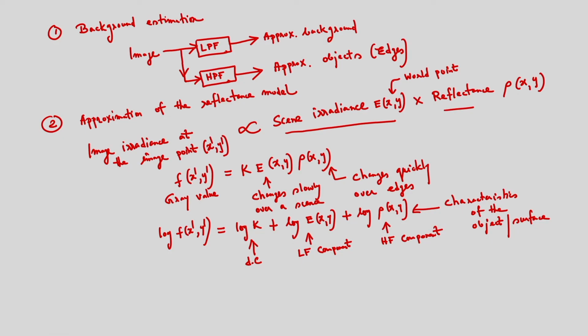So in this case you can see, by applying the filtering technique I can remove the DC component, and also the low frequency component. So my high frequency component is the reflectance component, that is the reflectance property of the object in the world. So that is the characteristics of the object.